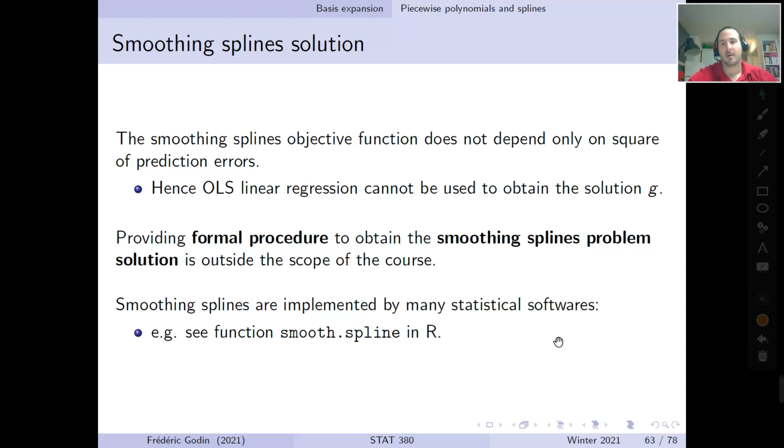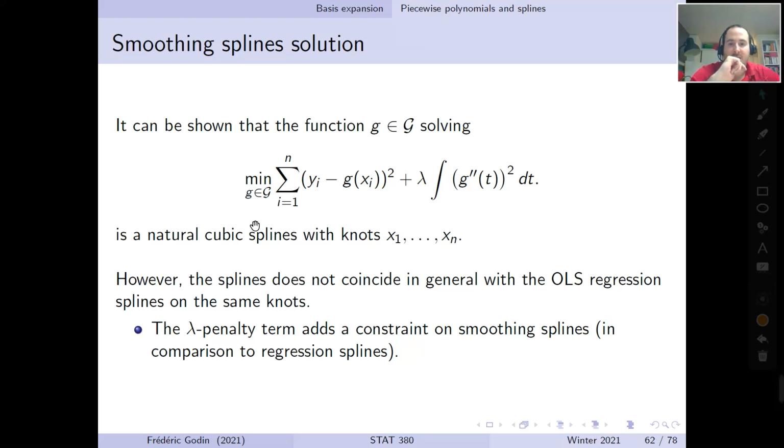Now let's go back one slide here. We see that this is the objective function we're trying to minimize when we fit a smoothing spline, and this objective function doesn't depend exclusively on training errors anymore; there's an additional penalty term, which is a bit harder to express.